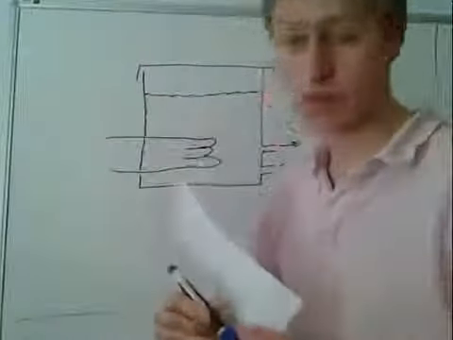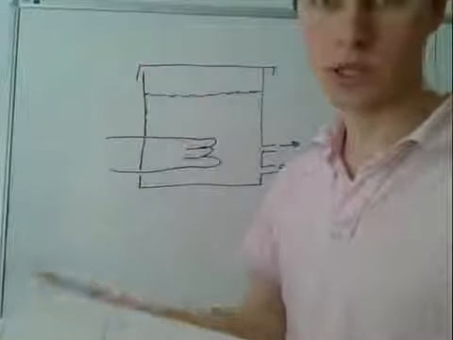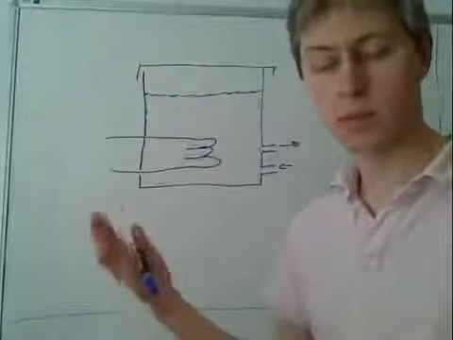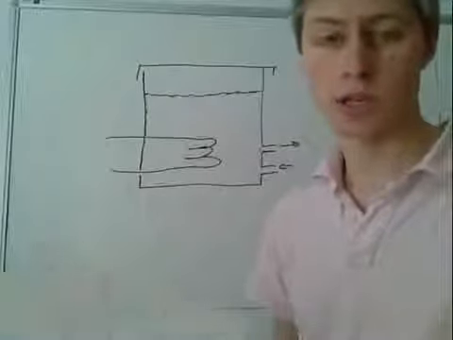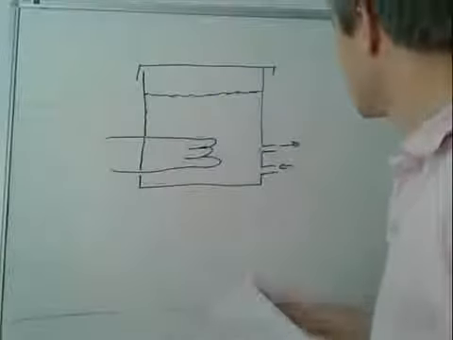That makes the thermodynamic analysis a lot simpler. We just need to know a few parameters about it, like how much mass there is, what its temperature is, what its pressure is. So that would make it simpler.